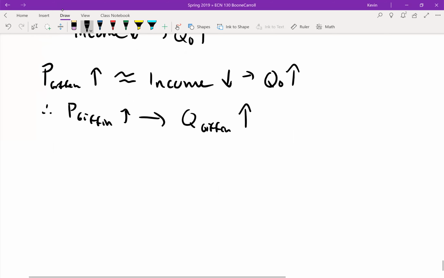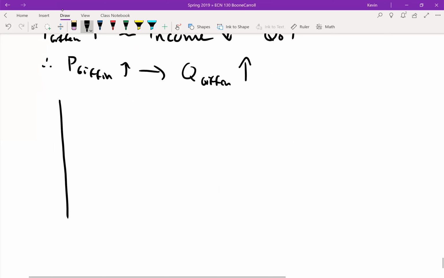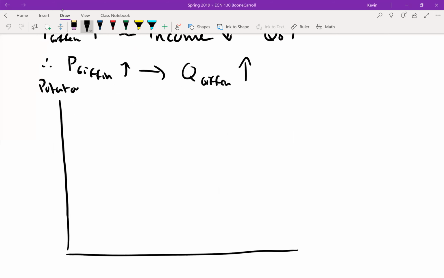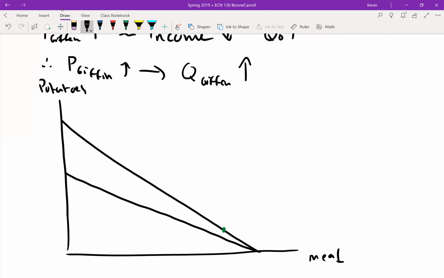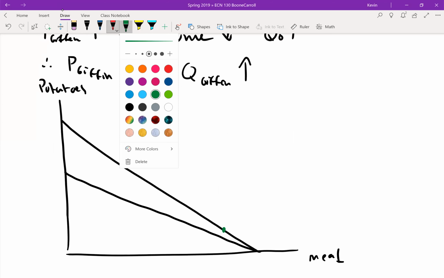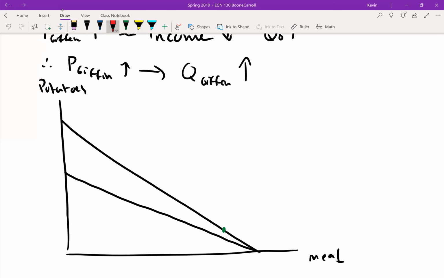And graphically, what this looks like, suppose we have potatoes and fish, or potatoes and meat. Then we had an initial allocation somewhere, say somewhere down here. If the price of potatoes goes up, that's going to cause our curve to pivot down, and our new allocation will come up to, say, here.